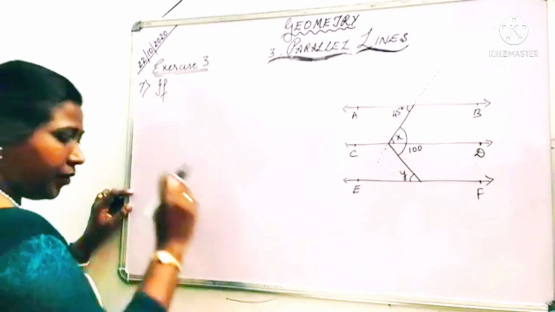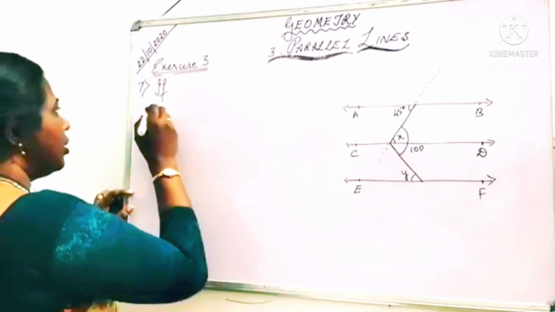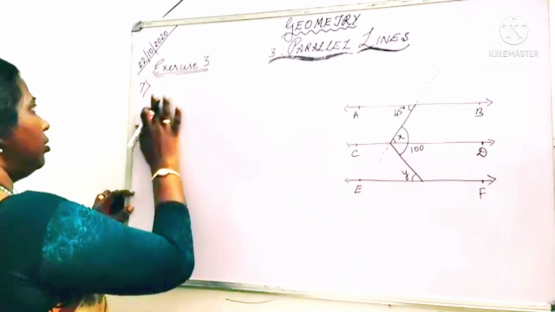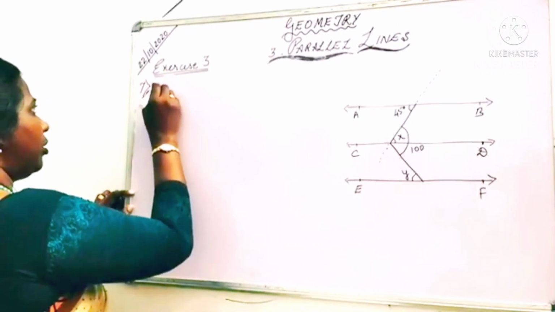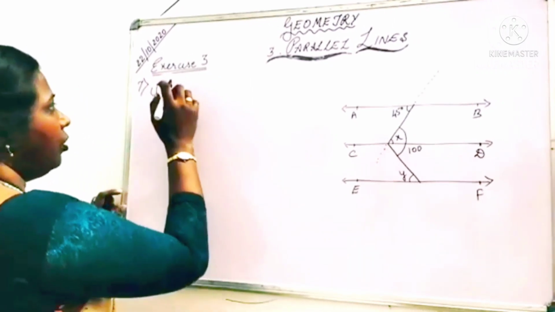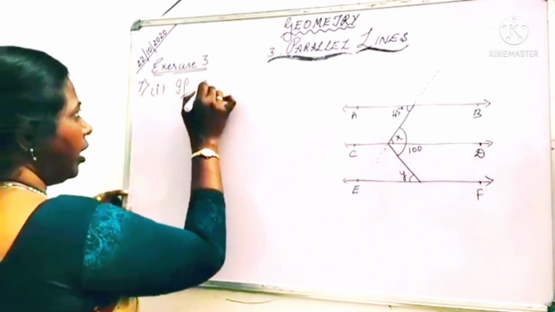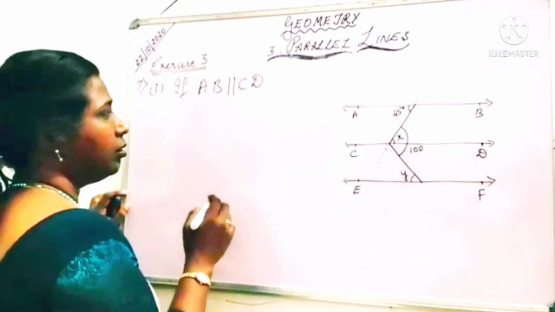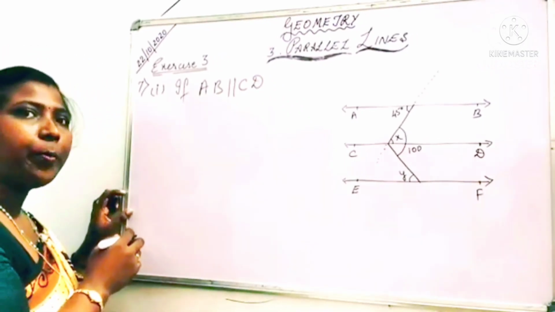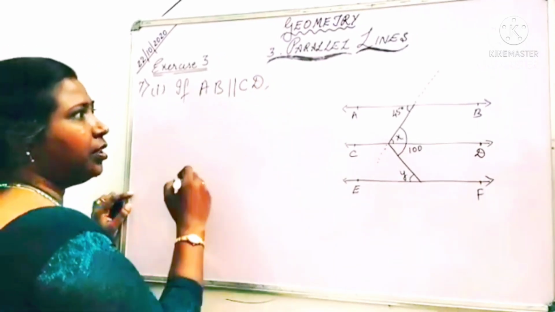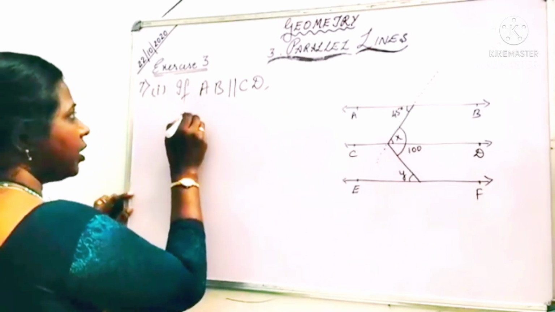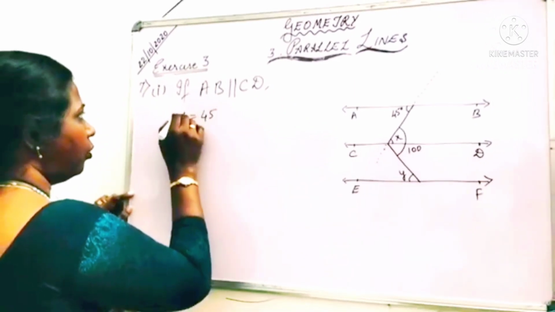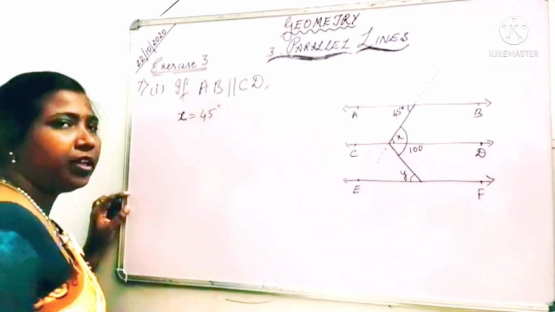This is the first part, na? Let me write it down. This is the first part. So if AB is parallel to CD, then the angles formed by the transversal, that is x is equal to 45 degree. How? Can you tell me?